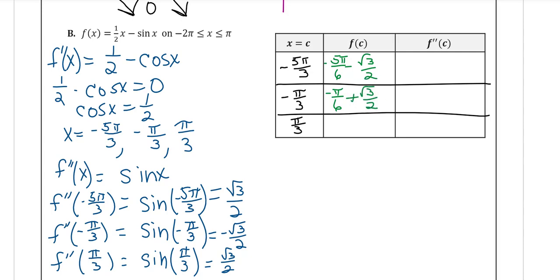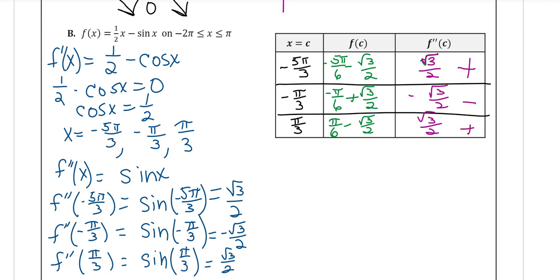And finally, the last one would be pi over 6 minus the square root of 3 over 2. So I have the values here. I'm going to use a different color for the second derivative, so I can see their signs. Okay, so we have a positive here, a negative, and a positive.